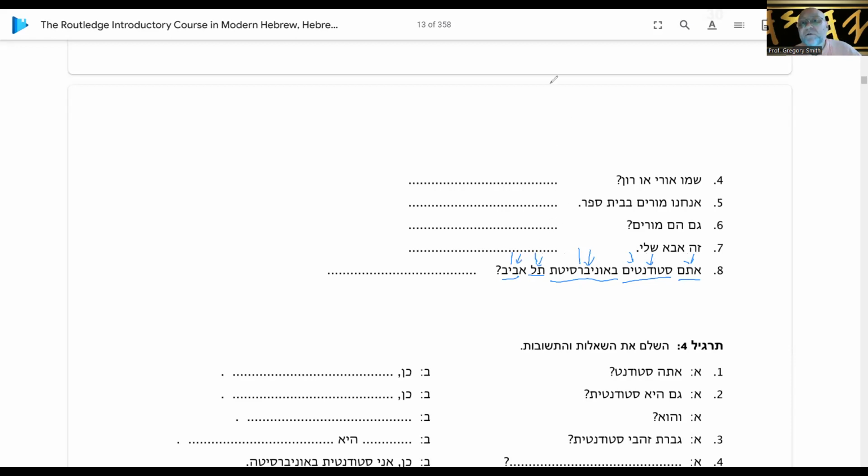Okay. So what we're going to change this to is aten, you all, feminine plural. And what that's going to look like is you'll have an aleph, and then a tav, and then a nun sofit, aten. Which means you all, but it's feminine plural.